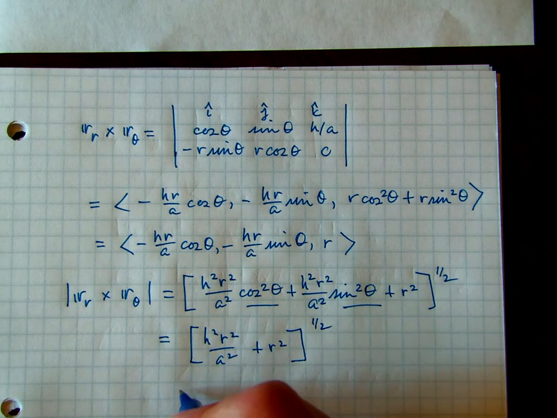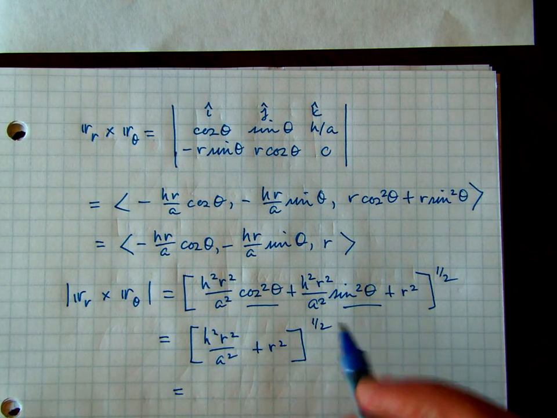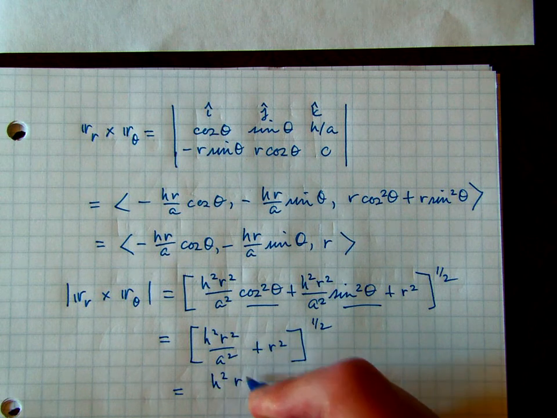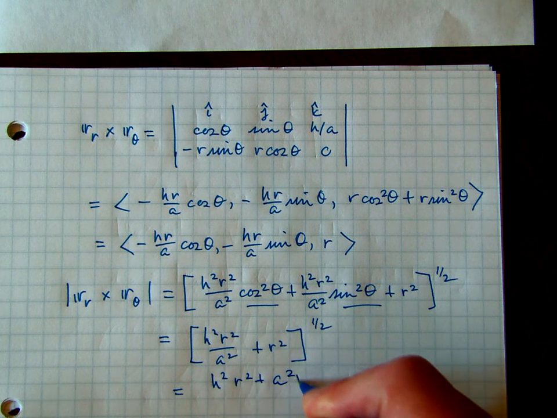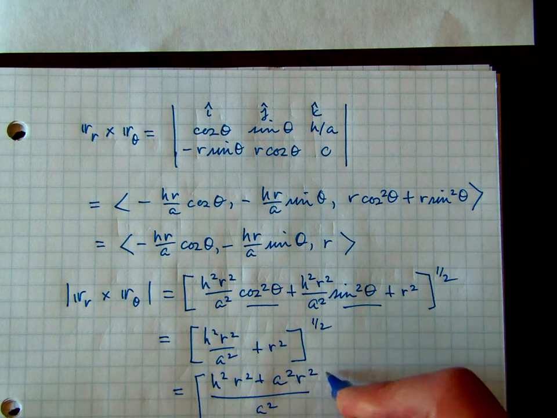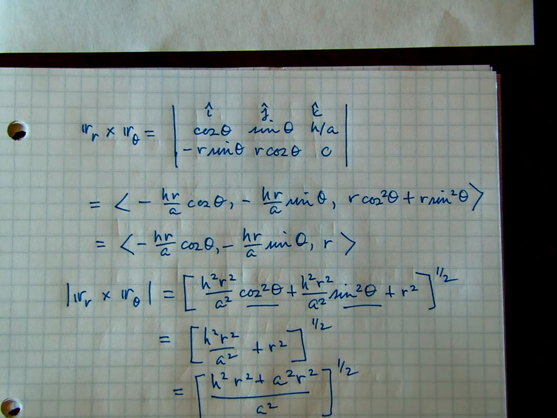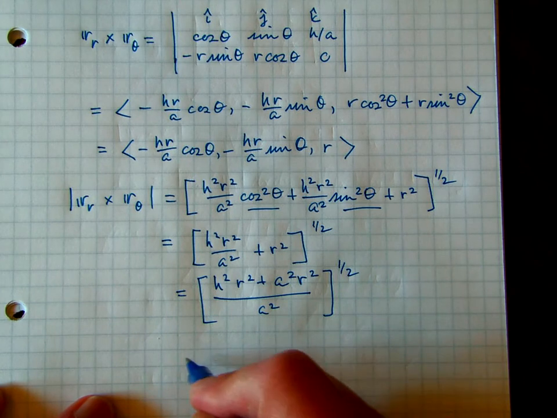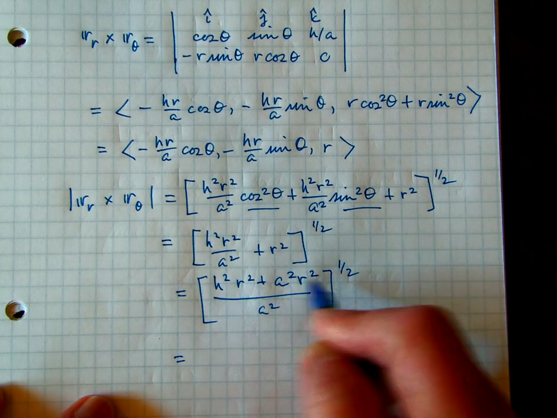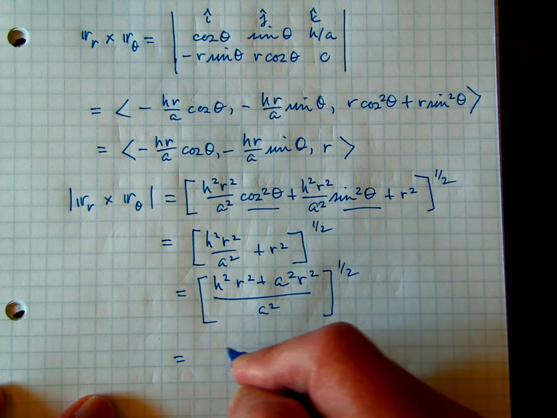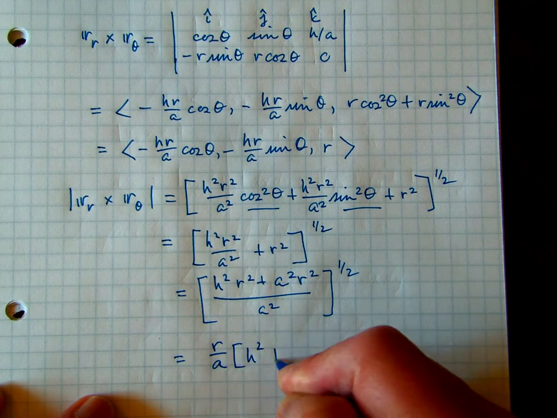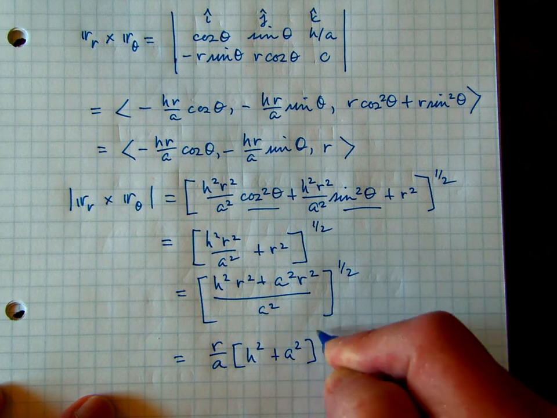If you want to put this over a common denominator, which for some reason I want to do right now, I have h squared r squared plus a squared r squared, all over a squared. I can factor out an r and an a, giving r over a times the square root of h squared plus a squared.